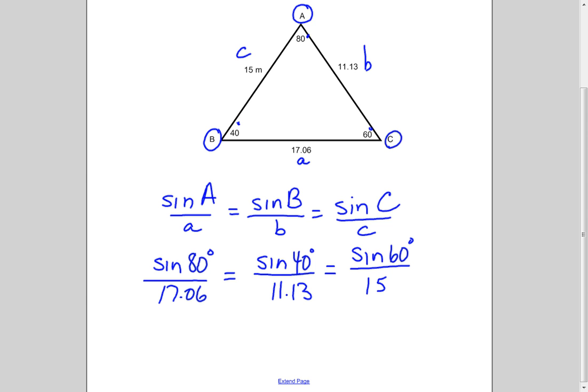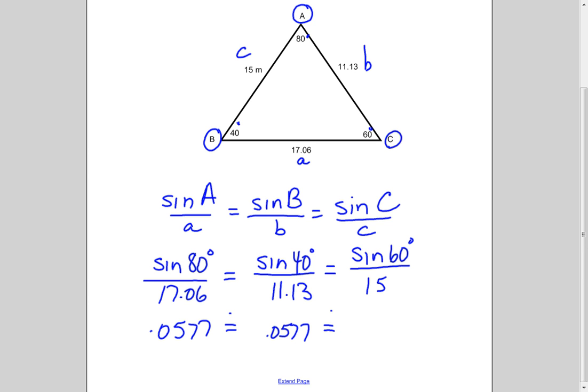Well, if we type it into our calculator, for the first one I have decimal 0.577 and a whole bunch more. And for the middle one, sine 40 divided by 11.13, I have 0.577, a couple more decimal places, just slightly different, so very close to being equal.